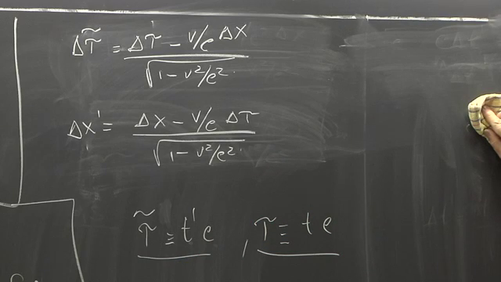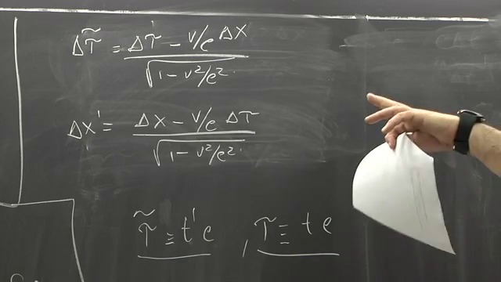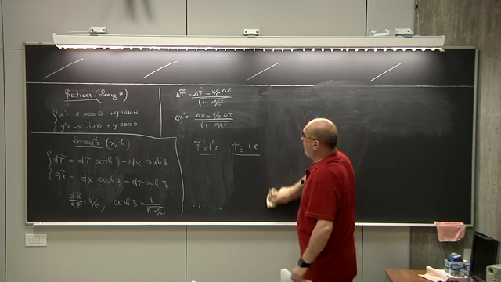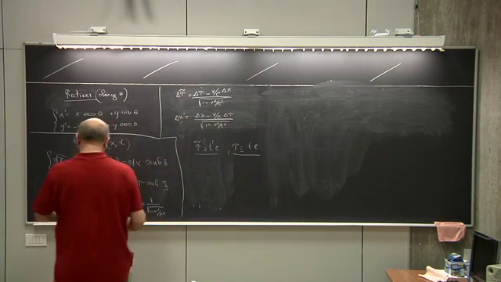I said, can I cancel? But that one I rewrote here. This one I rewrote there. Okay, now let's manipulate this one and see if we can get into this form.